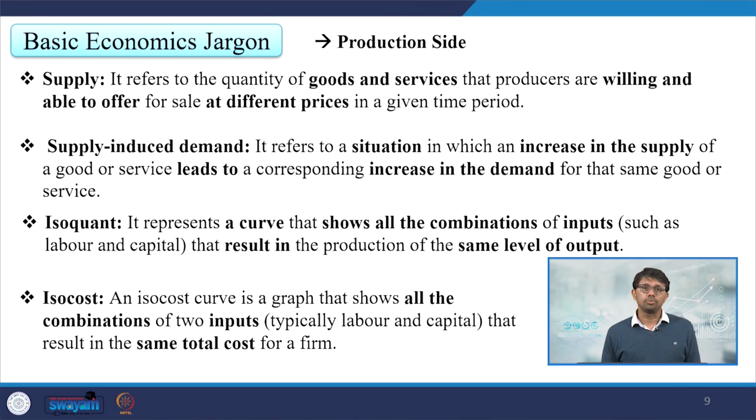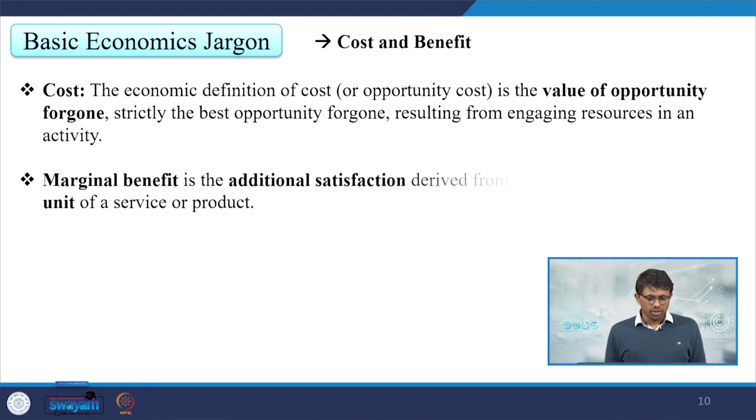So we have emphasized its respective reading. I am sure with a little extra time allocation you can understand. Isocost represents the combination of two inputs and their cost, the combination of factors that result in the same total cost, and how these are useful in our work.